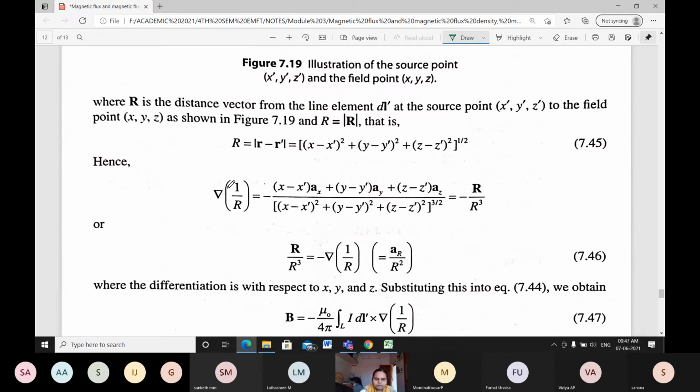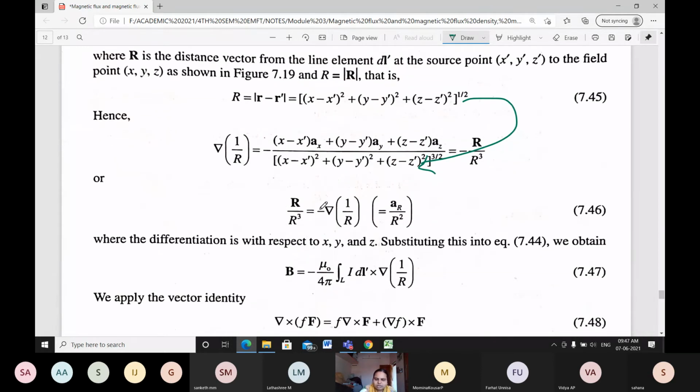Then del of 1 by r is minus of x minus x dash ax plus y minus y dash ay plus z minus z dash az divided by the whole r cube, that is x minus x dash whole square plus y minus y dash whole square plus z minus z dash whole square, to the power 3 by 2. I'll be getting this as minus r by r cube only, or else we can write r divided by r cube as minus del 1 by r, that is nothing but ar divided by r square only.